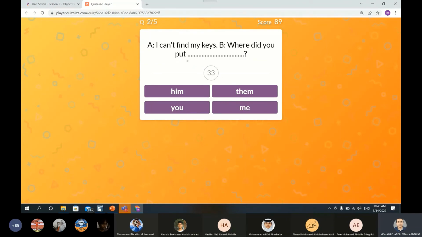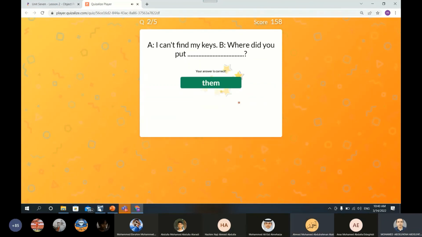If I am asking about one key, my car key, the object pronoun will be "it." Where did you put it? But here I am asking about some keys, or more than one. I can't find my keys. Where did you put them? Bravo. This is the correct answer.